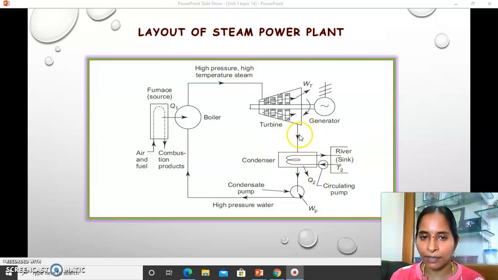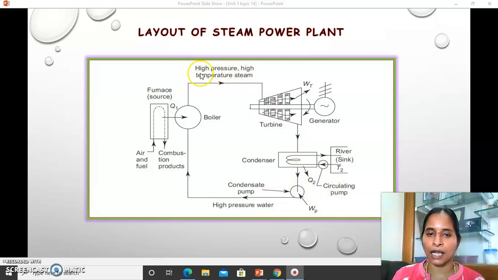Again, the low temperature, low pressure steam gives out its heat to the cooling water which is circulated inside the condenser, and thus the low pressure, low temperature steam is converted to low pressure, low temperature water.